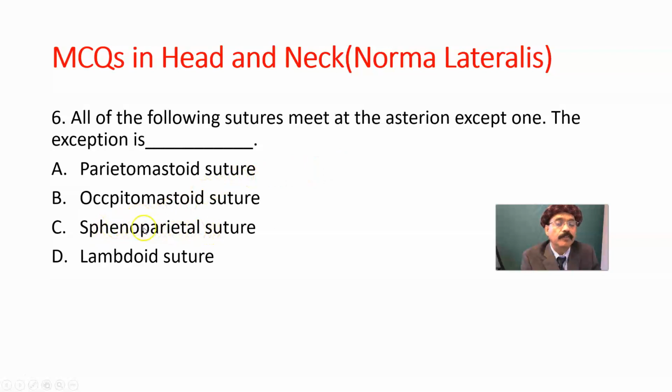Around the sphenoparietal suture we have the pterion, so asterion doesn't include the sphenoparietal suture. This is asterion, that is the posterolateral fontanelle in the newborn baby, usually closes by 2 months. All other sutures come close together except the sphenoparietal suture. So answer should be C, sphenoparietal suture.